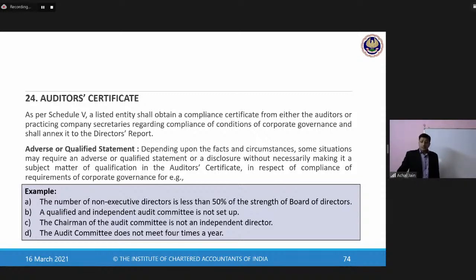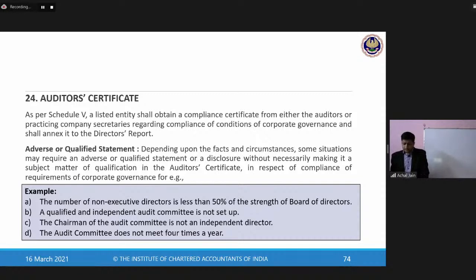Sometimes there could be certain situations wherein even though it's not a qualification, but still those non-compliances are reported there. So let's understand how will those be captured in the certificate.